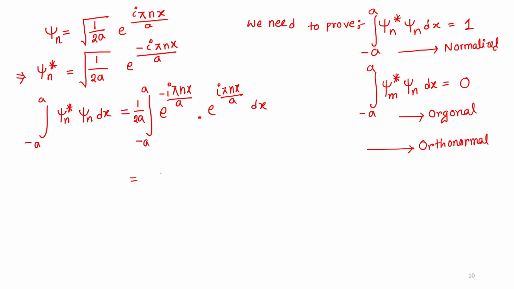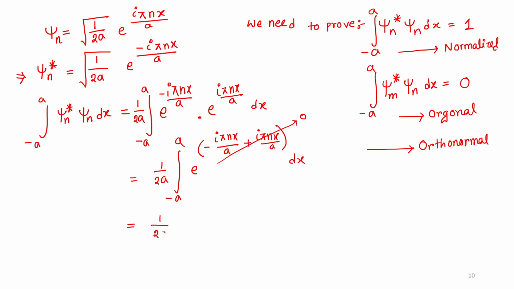I am multiplying two exponential functions, so I can add the powers, right? That is i pi n x by a plus i pi n x by a with the minus sign, and you will see this is 0. Eventually, what I got is 1 by 2a, integral from minus a to a of e to the power 0 dx. E to the power 0 is 1.